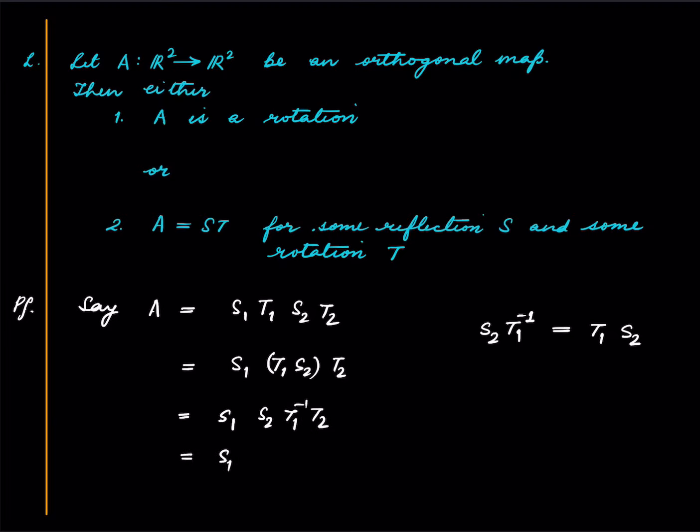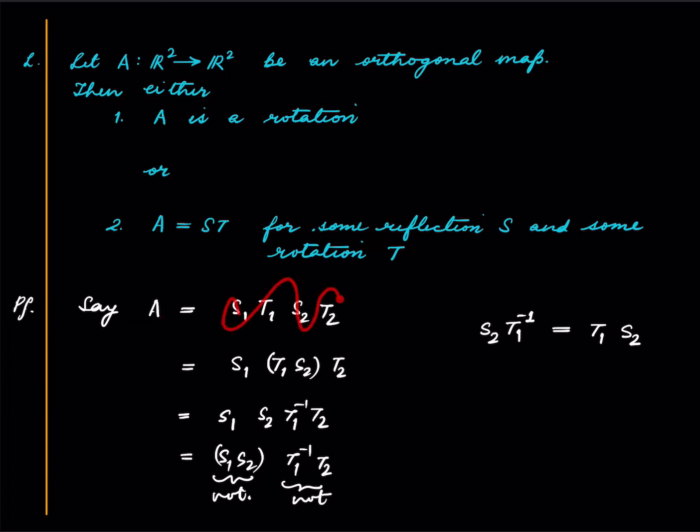So this is S1, S2, T1 inverse T2. Now this is a rotation, because composition of two rotations is a rotation, and this is also a rotation, because composition of two reflections is a rotation. We said that. So this particular one we were able to write as a rotation.